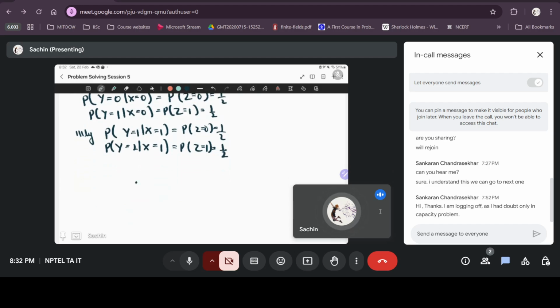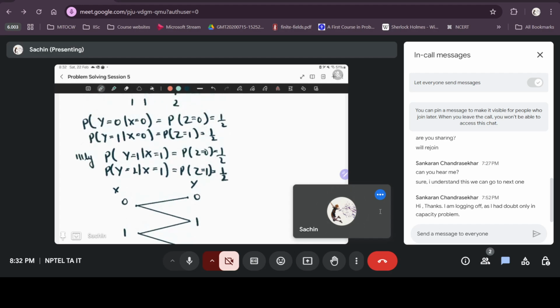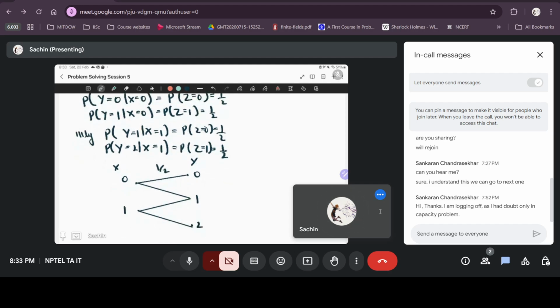So we can write the channel as follows. Y equals 0 given x equals 0 is half, and this is half, and this is half.